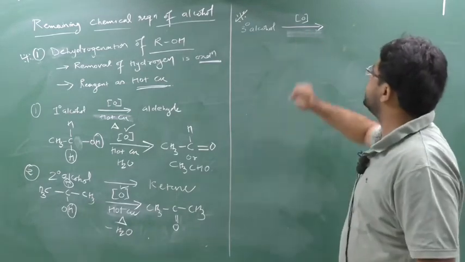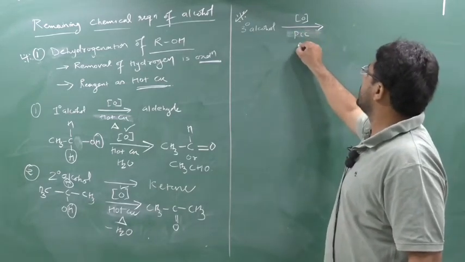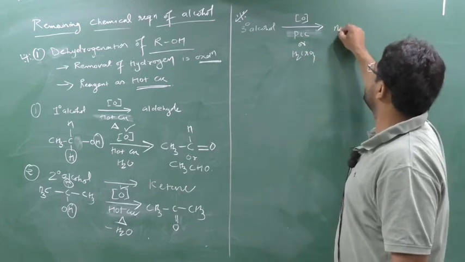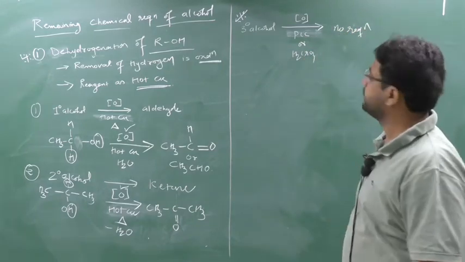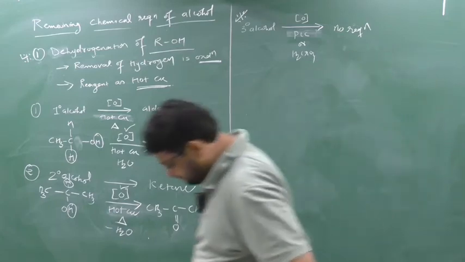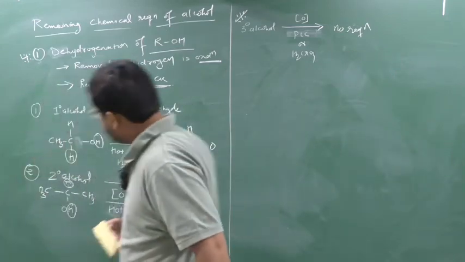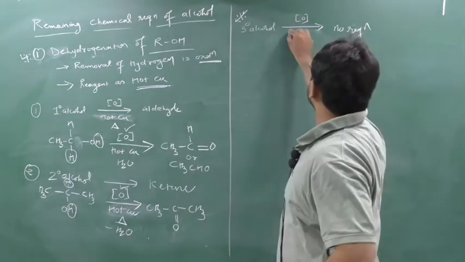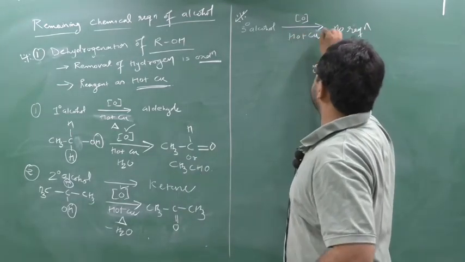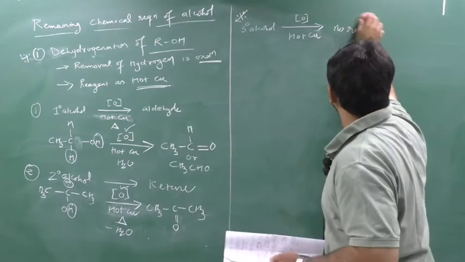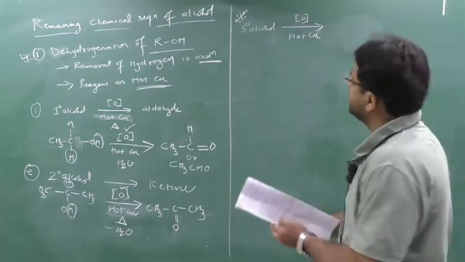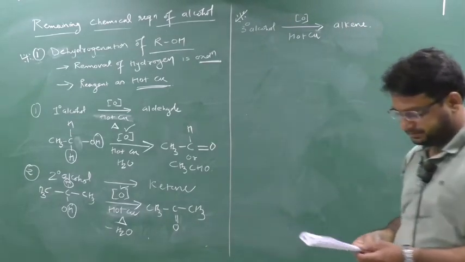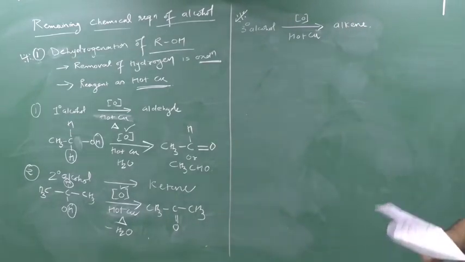If I write PCC, or if I write H2CrO4, if I write these reagents, the answer will be no reaction. Clear? But if instead of PCC I write hot copper, yes, reaction will occur. What will be generated? Alkene will be generated. How is alkene generated? We will see this. Clear?